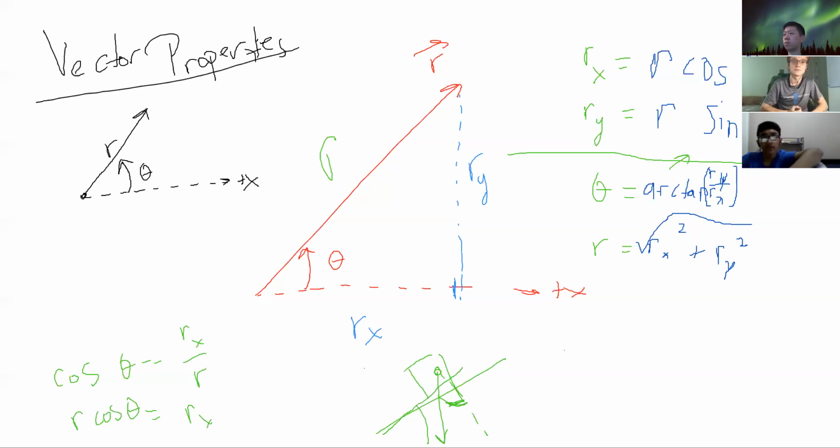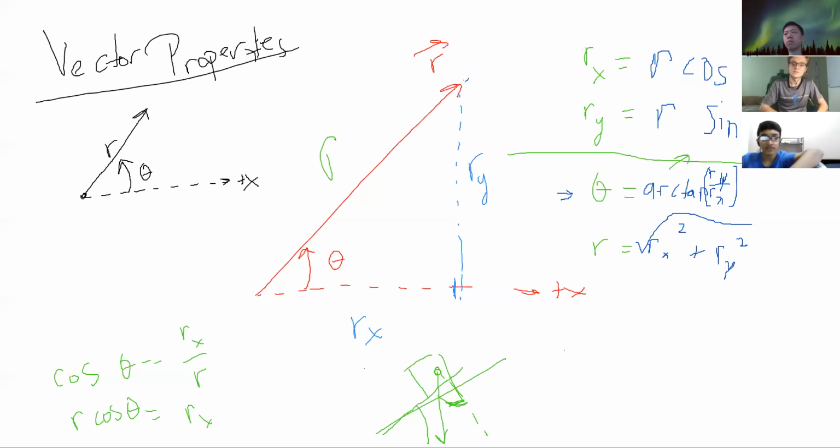Yeah, I wanted to mention that the formula here, theta equals arctan y over x, has two possible answers. If your vector's in the first quadrant, it's going to be this value, but it could also be 180 degrees plus this value if your vector's in the third quadrant, say.